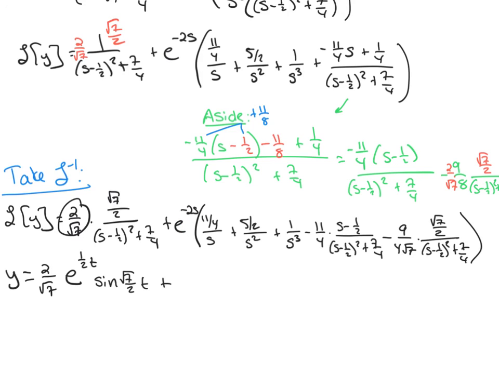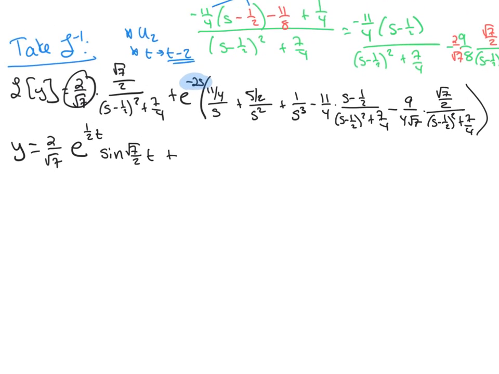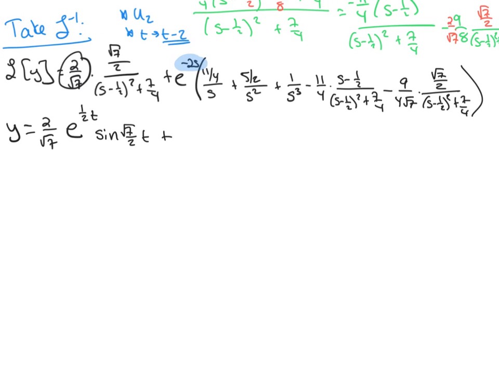So the second shifting theorem is the harder one to keep track of. The second shifting theorem right here means with the e to the negative 2s, we need to put the u2, well that's fine, we won't forget that, and then replace all of our t's with t minus 2, all of them. So that will be, oh, I need more room. There we go. That will be u sub 2 times the quantity 11/4, because that's 11/4 over s, inverse Laplace is just 11/4.